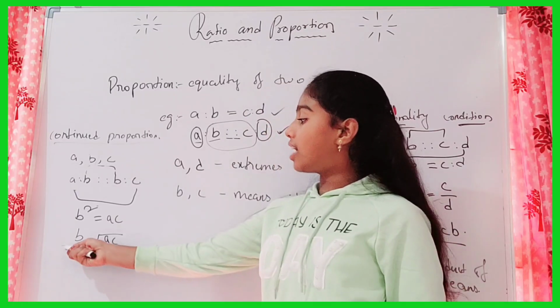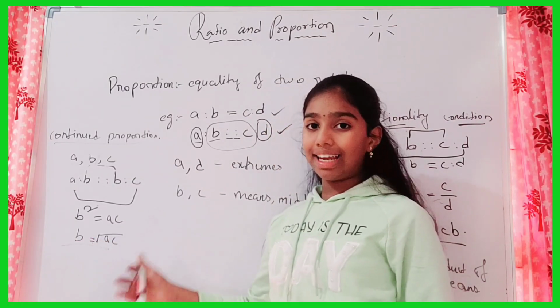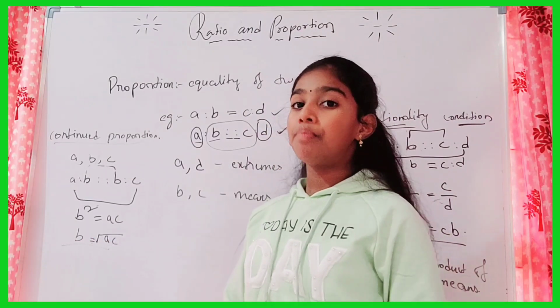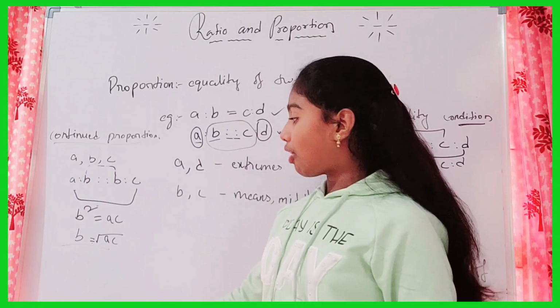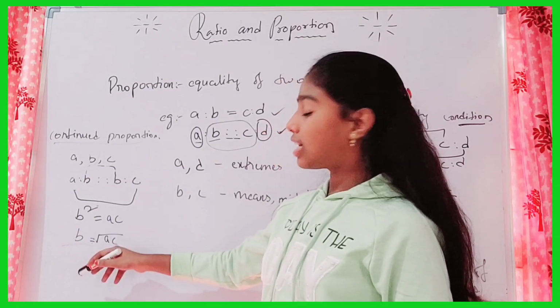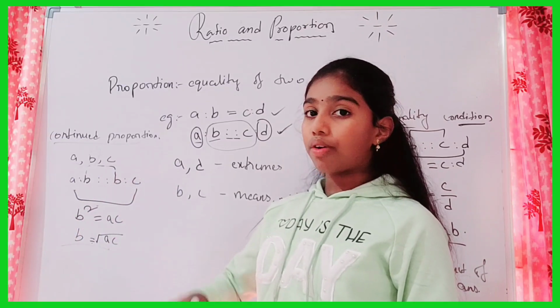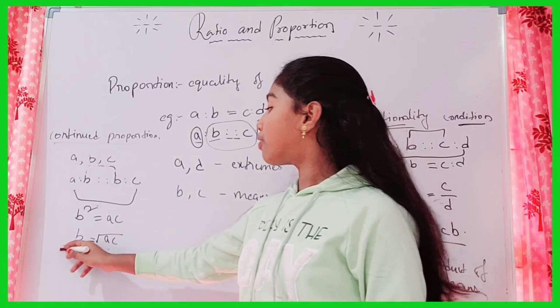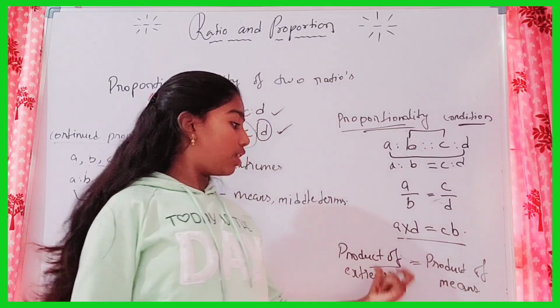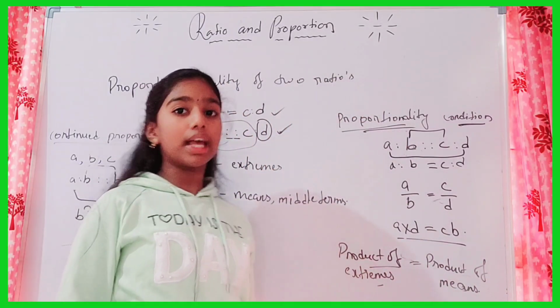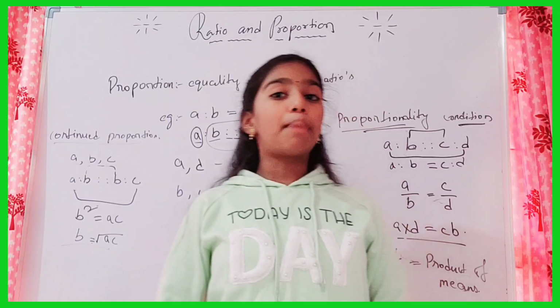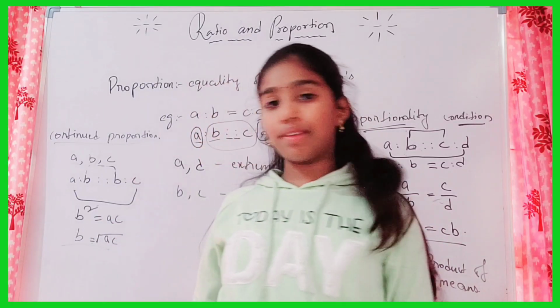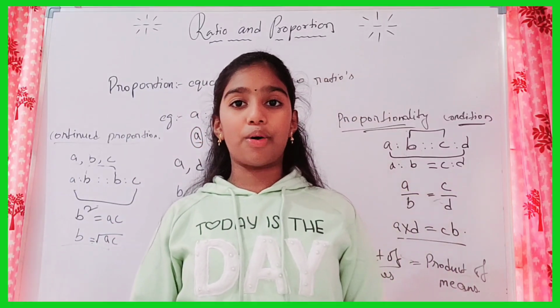For finding the value of the middle quantity, the formula is B is equal to square root of AC, and this formula came from this condition. By using these two formulas, we will see some examples now.